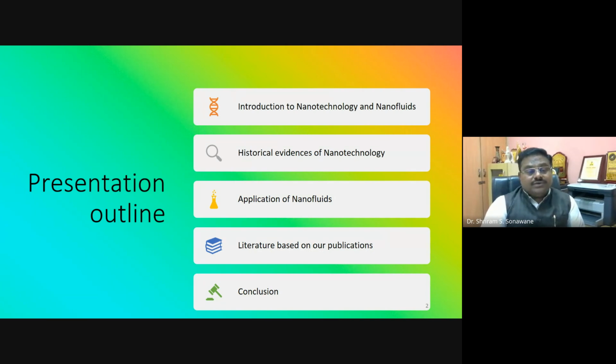That is why we need to critically see the historical evidences of nanotechnology, which we are reinventing in terms of nature. Then applications of nanotechnology: my group and my research scholars have worked on some applications as far as nanofluids are concerned, which I'm going to discuss. Then literature based upon our publications, and conclusion.